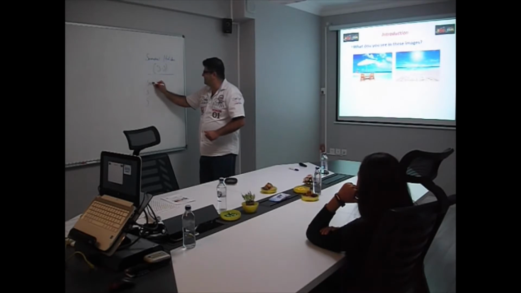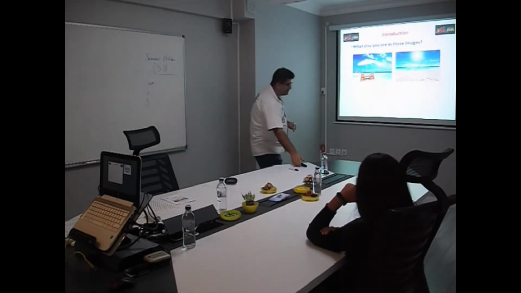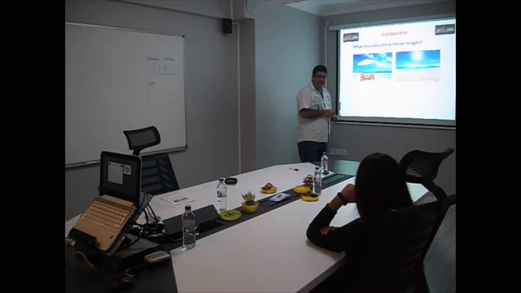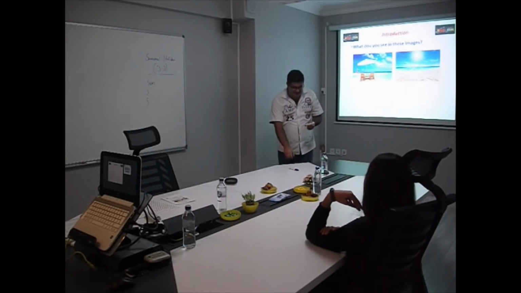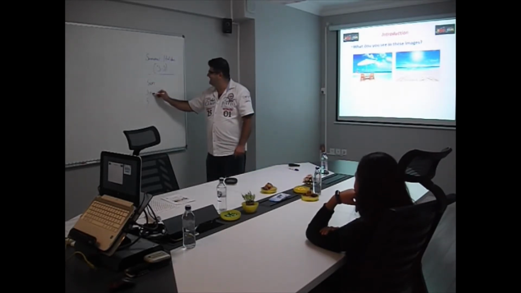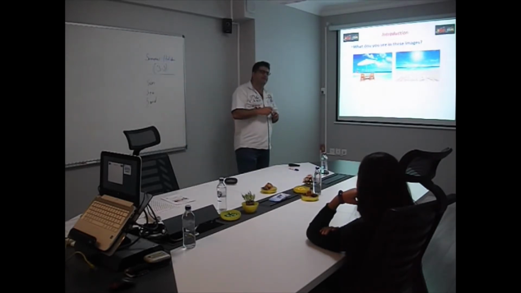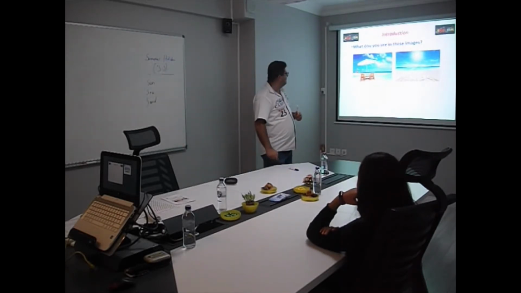Sun. Yes. The first S is the sun. What is the second? Sea. What is the third? You couldn't remember? Sand. Yes, that is right. Sea and sand. I call this summer holiday sea, sand, sun.